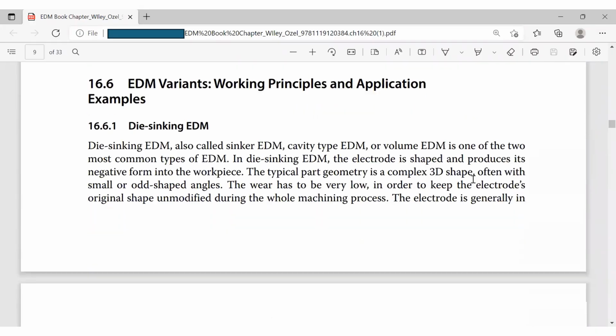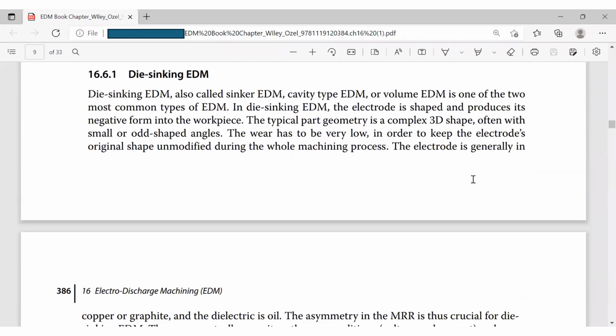So the first one we call die-sinking EDM. It's also called sinker EDM, cavity type EDM, or volume EDM, and is one of the two most common types of EDM. In die-sinking EDM, the electrode is shaped and produces its negative form in the workpiece.